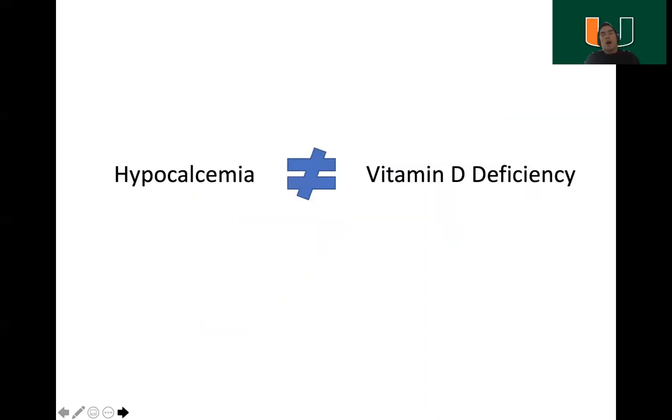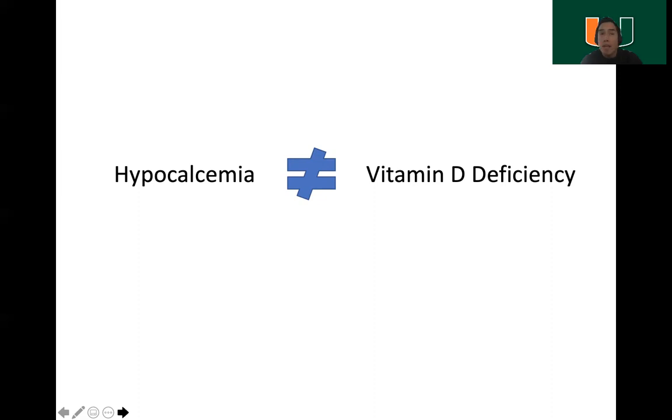right? I really want to emphasize this. When you see hypocalcemia, it does not necessarily mean that the patient has vitamin D deficiency. I always hear that all the time. When I get a consult, the first thing that we do is check vitamin D level.